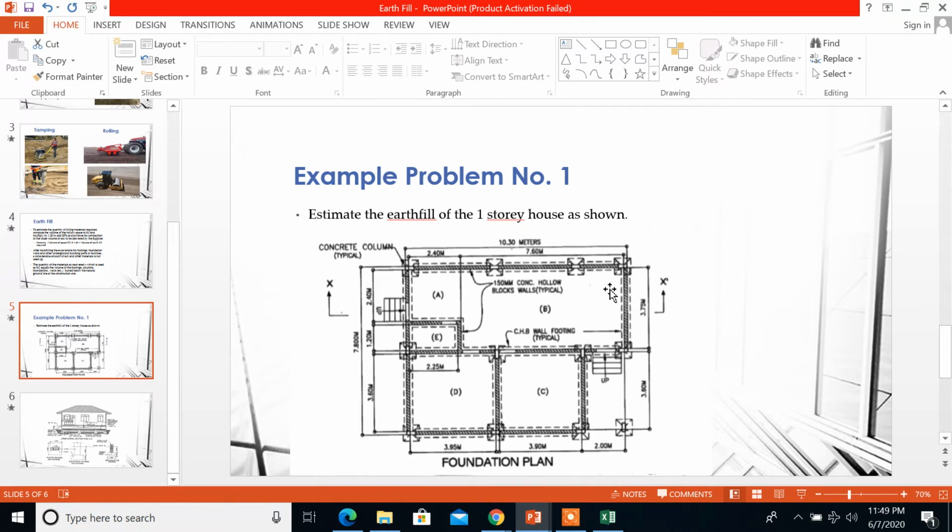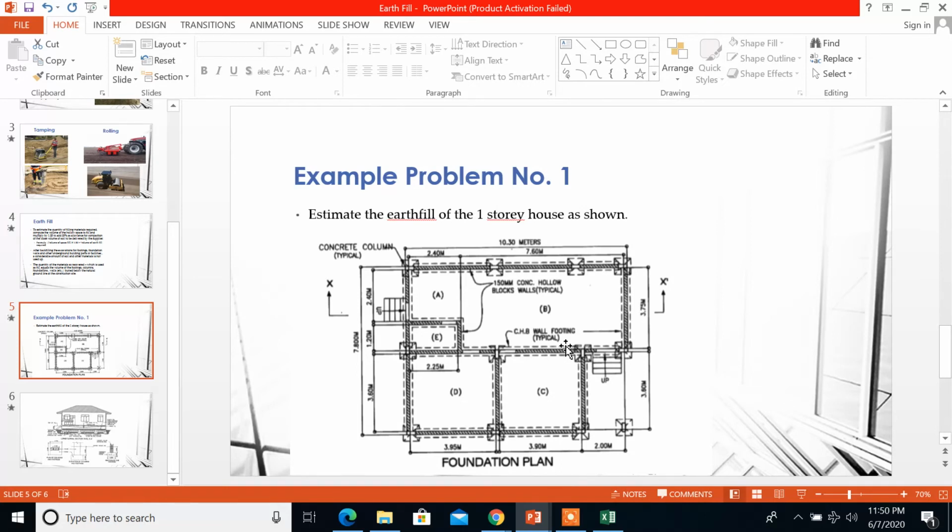So type natin. So 10.3. So I have my calculator. So 10.3 plus 7.8 plus 3.95 plus 3.9 plus 2 plus 3.6 plus 0.6 plus 3.75 plus, next is 2.4 plus 1.2 plus 3.95 plus 3.9.